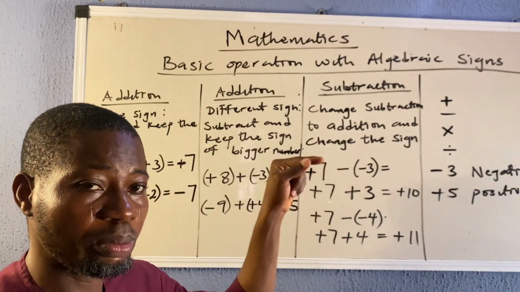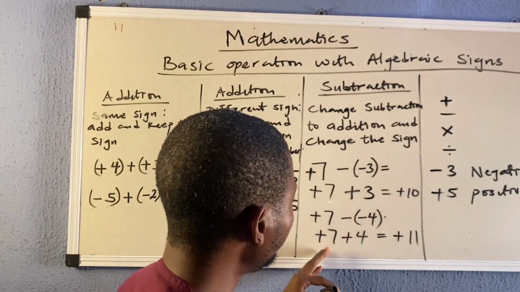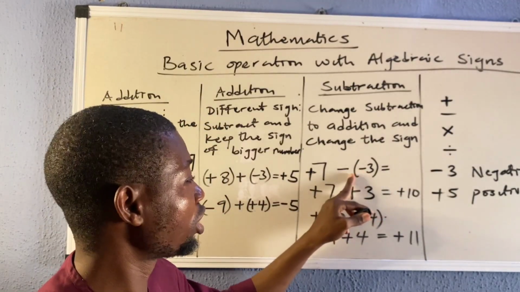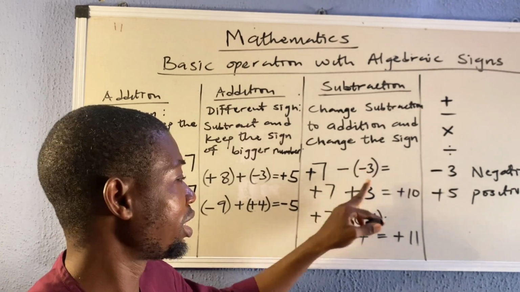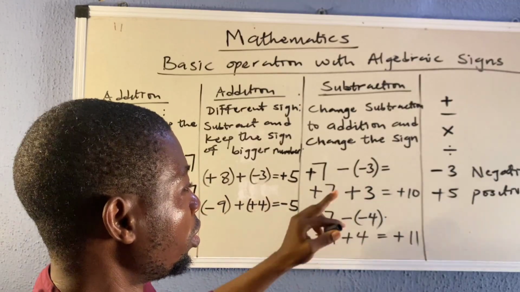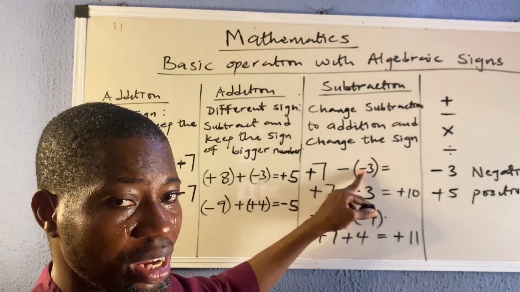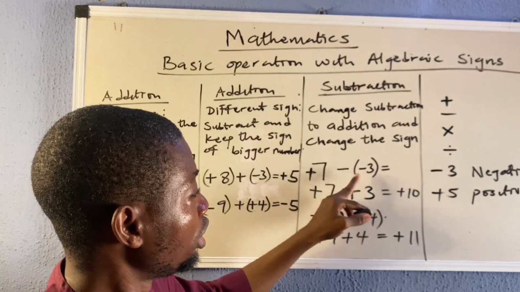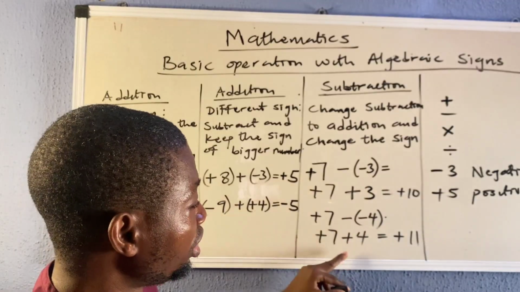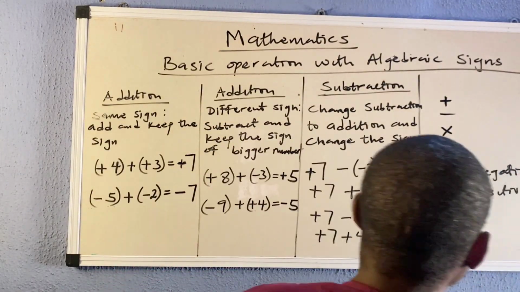We are still going to talk about that after this subtraction, so just keep it in mind. When you have a subtraction before another negative sign in brackets, you change the subtraction to plus. But if it is addition that we have here, it will still maintain the sign of negative. It will not be changed to positive. Let's look at an example on that.